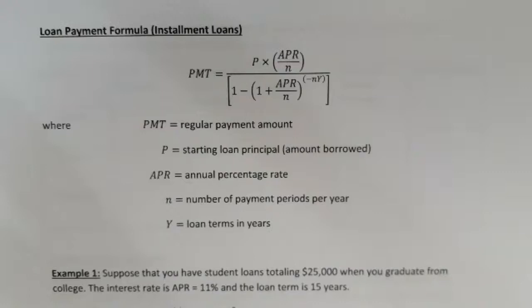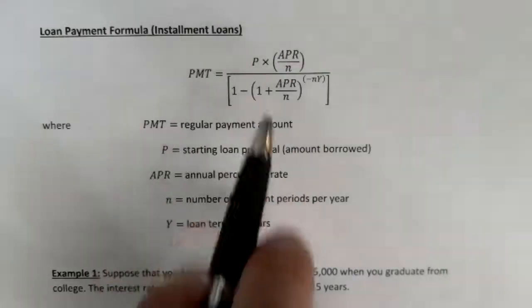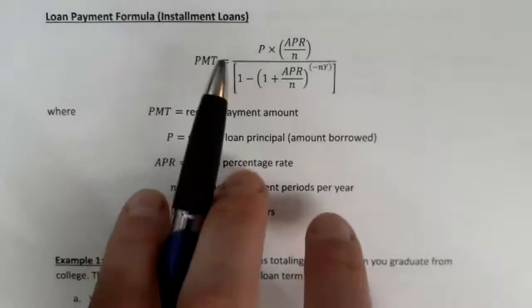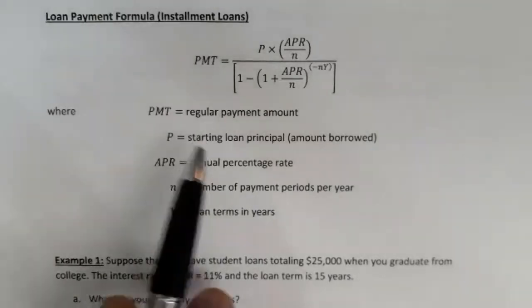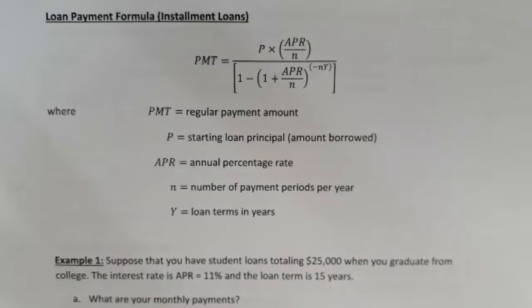So my payment is the regular payment. We're going to come up with one number for our payment. We're not coming up with multiple numbers. We're going to have a regular amortized payment. The P is the starting loan or principal. That's the amount that you borrowed. I said it changes from month to month, but this is the original principal that we're figuring out.